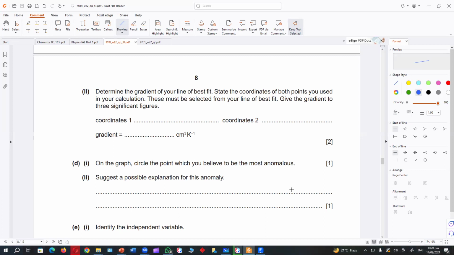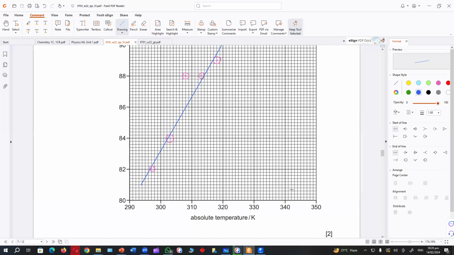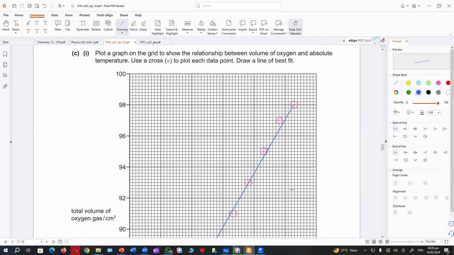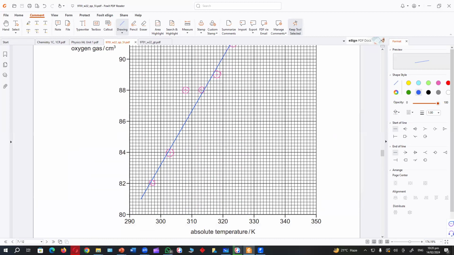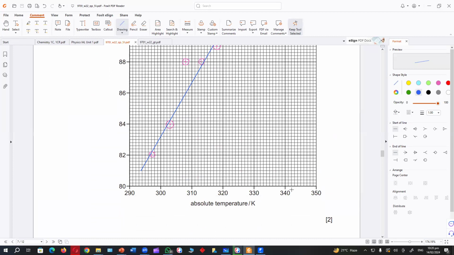So now you have to find the gradient. Yes. My gradient is 0.27.